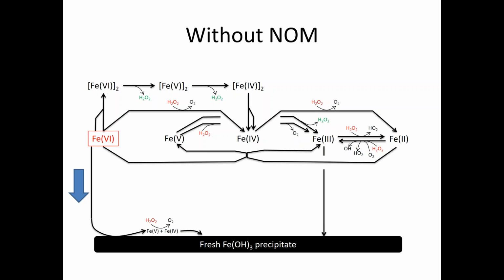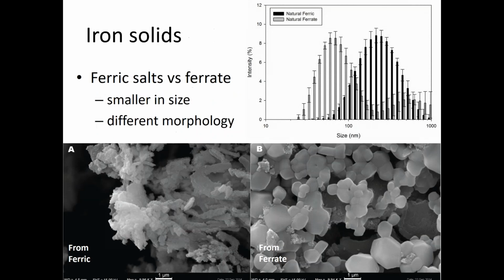All right, one more thing, and then I want to stop for questions. I also want to say a little bit about that precipitate. It's not exactly the same as what you would get with ferric chloride or ferric sulfate coagulants. It's close. From the standpoint of its chemical formula, it's about the same, but its morphology and sizes are different. With ferrate, you get these compact, more crystalline structures you see on the right.